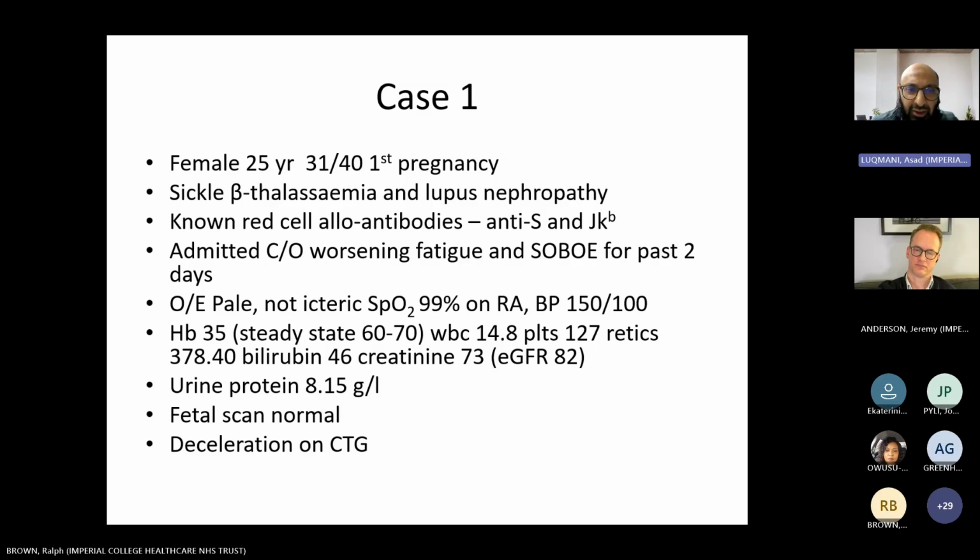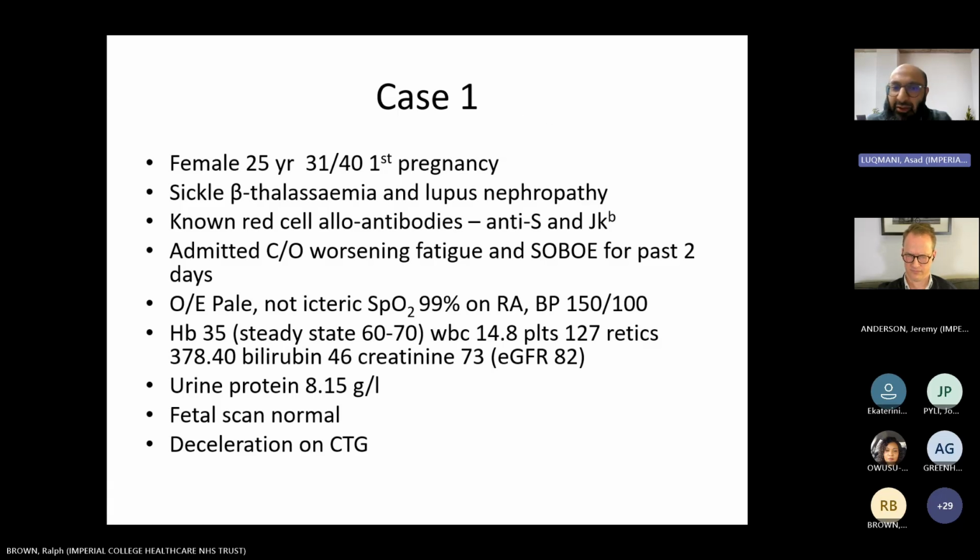On examination, the patient is pale but not jaundiced and has saturations of 99% on room air and is hypertensive. And the blood results come back showing a significant anemia and a drop from the patient's steady state baseline hemoglobin level with a reticulocyte count of 378, normal renal function, normal fetal scan, and some deceleration on the CTG.